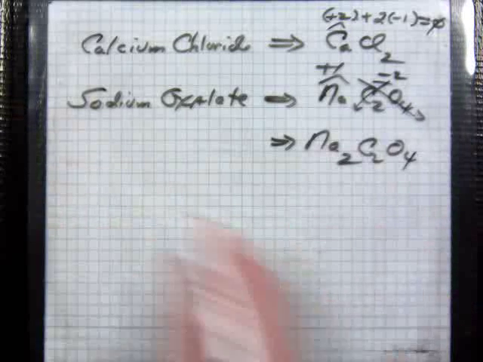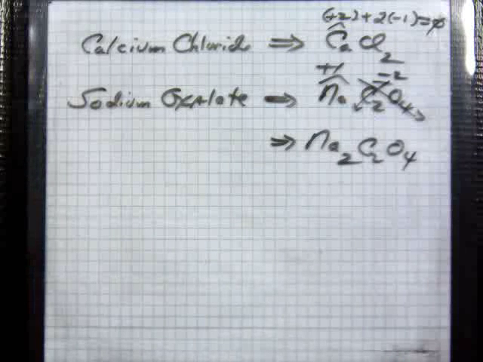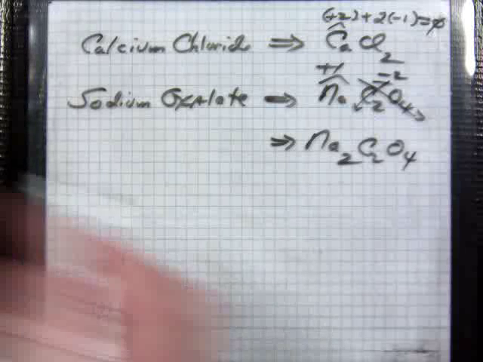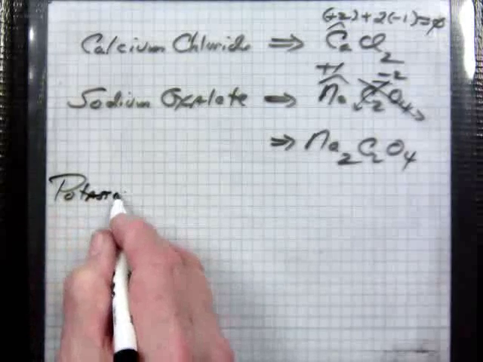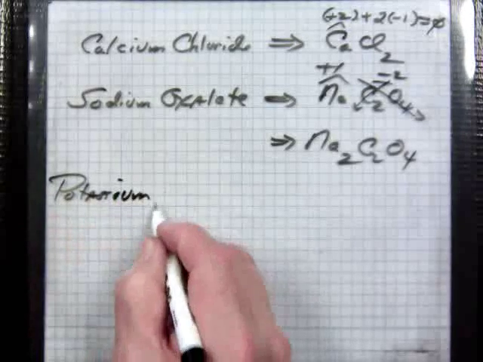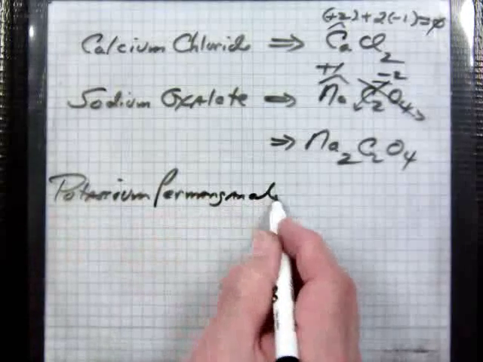Hydrogen sulfide. Well, I'll save that one for next. That one is a binary acid. Potassium permanganate. How about that one?